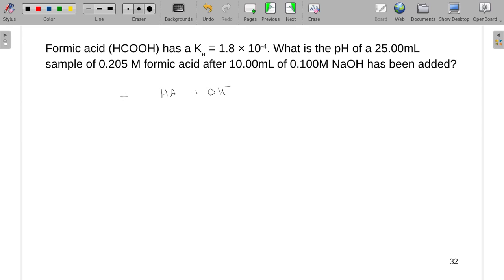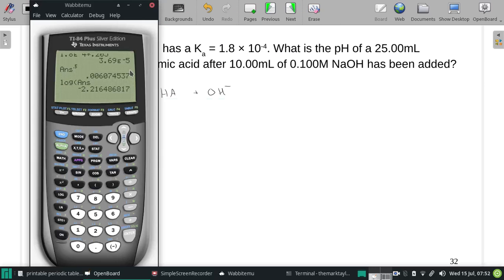And we're going to do this in terms of moles. So our initial moles of HA is going to be that 25 times the 0.205, or more specifically we want to do 0.025.